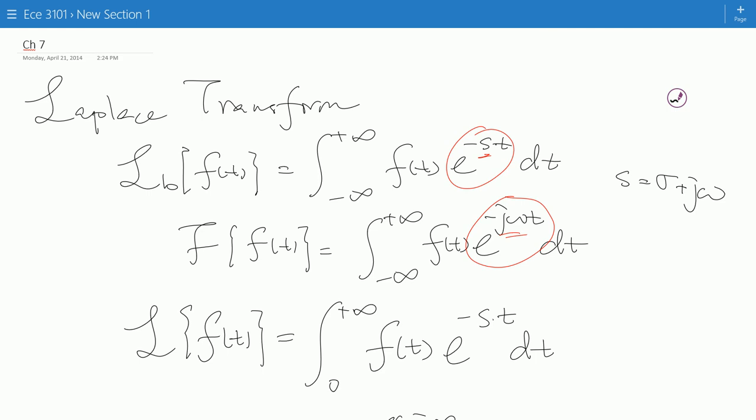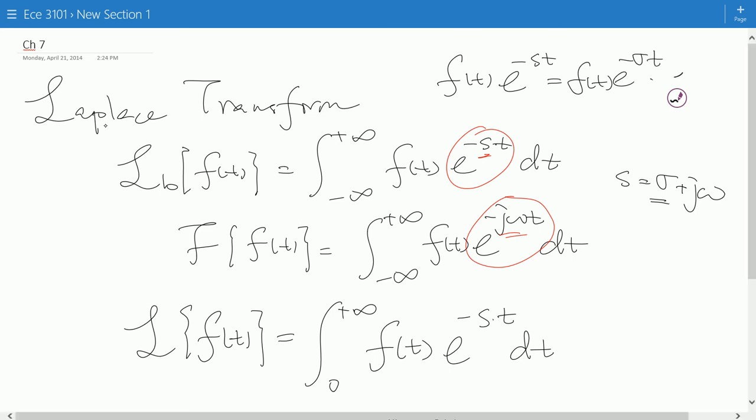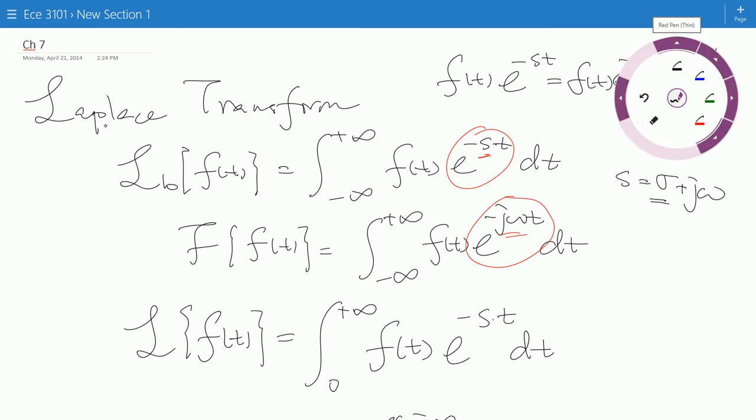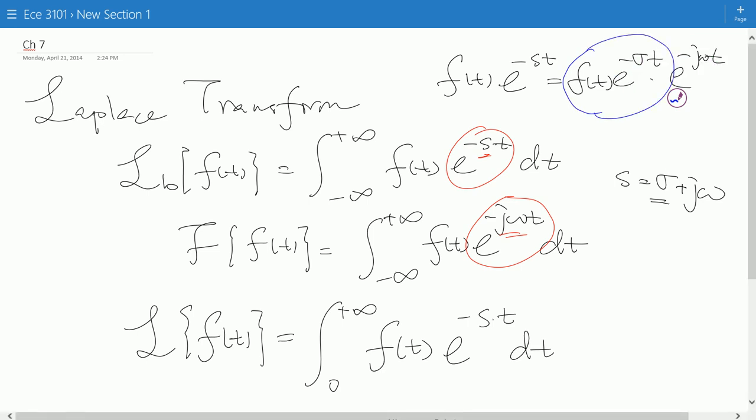And we introduce this sigma so that for any function f of t, I'll write it here, e to the power negative st will be f of t e to the power negative sigma t times e to the negative j omega t. And if we somehow can assume here, this is our function, then we're actually calculating the Fourier transform of this blue guy.